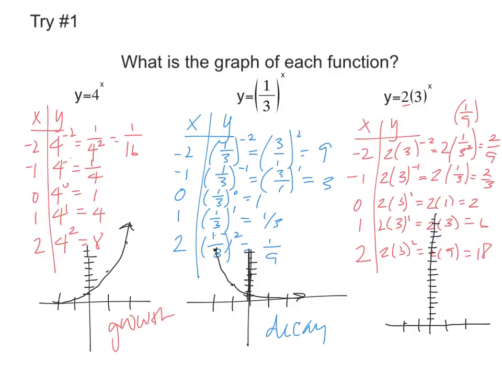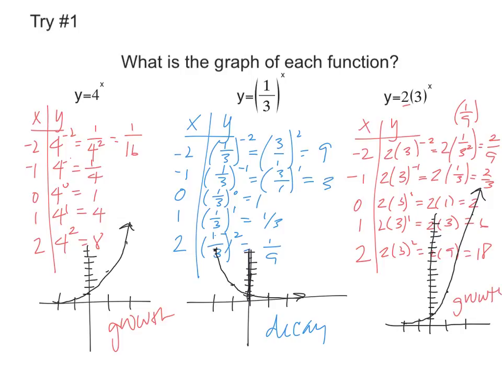Negative 1 is 2/3, so a little closer to 1. 0 is 2. 1 is 6, so 1, 2, 3, 4, 5, 6. And then 2 is way up here at 18. So this one will go up there. And this one again is growth.